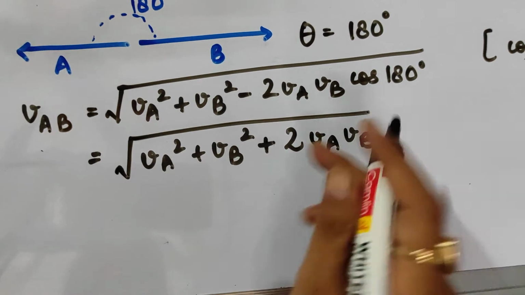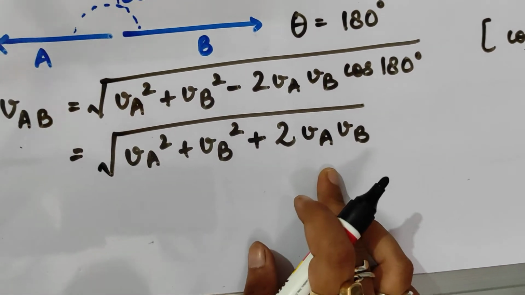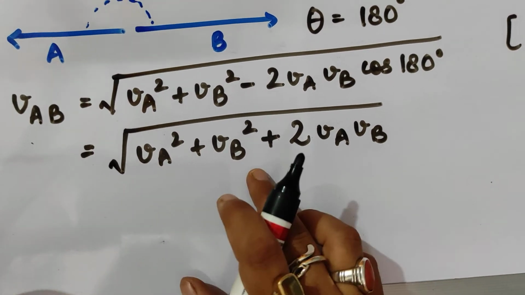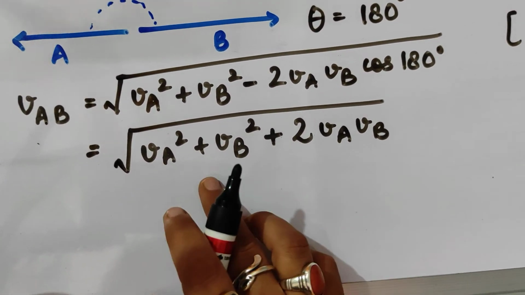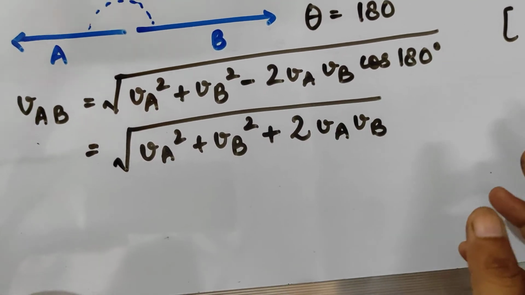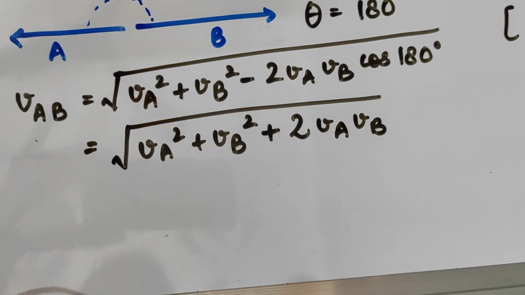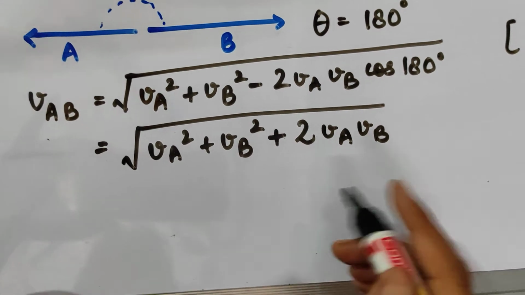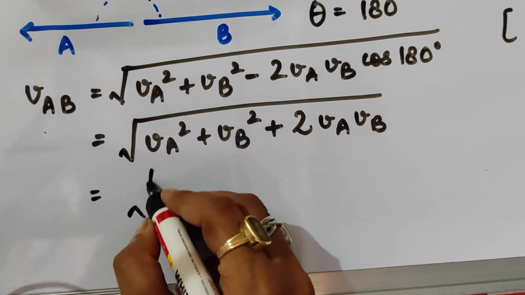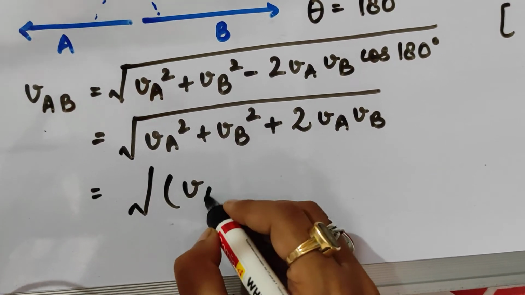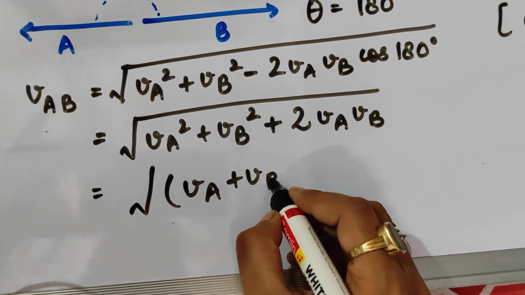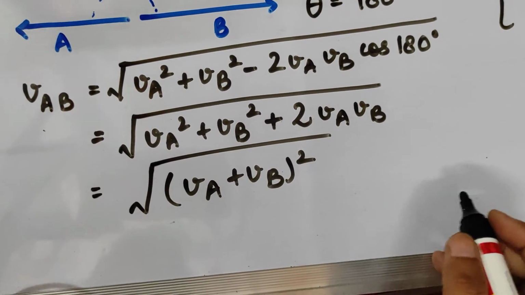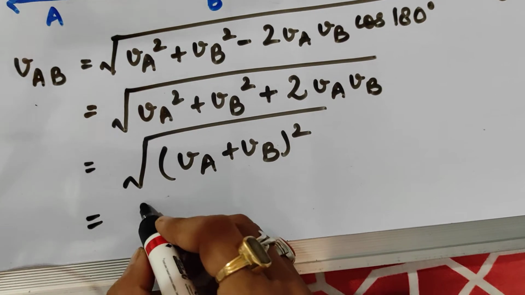If you observe it properly, it is the expansion of A plus B whole square, which is A square plus B square plus 2AB. So we can write it as the square root of VA plus VB whole square. Now this square root and square will cancel each other.